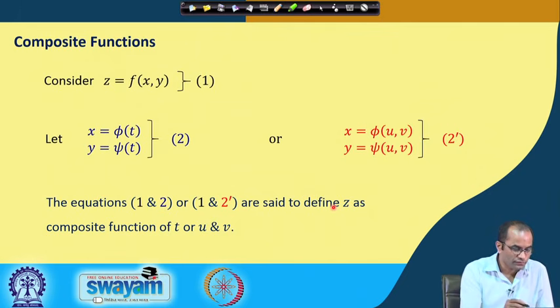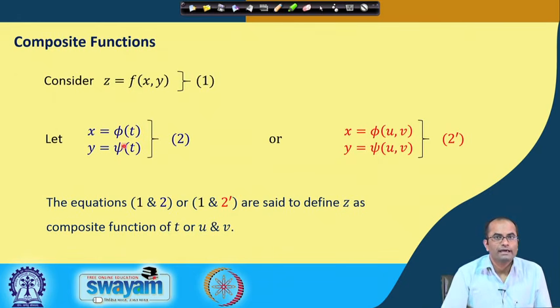Here, if we want to get, for example, the derivative of z with respect to t, in this first case, when we take equations 1 and 2, then z depends on x and y, but x and y again depend on t.